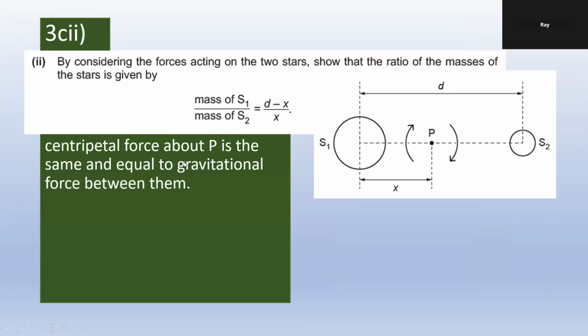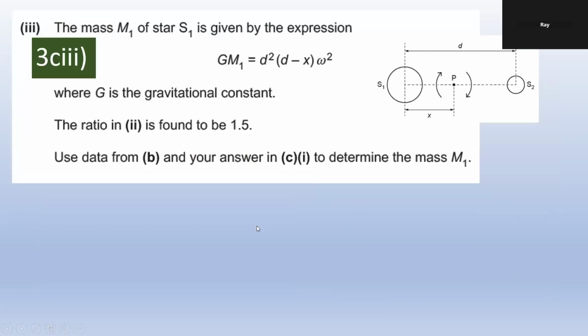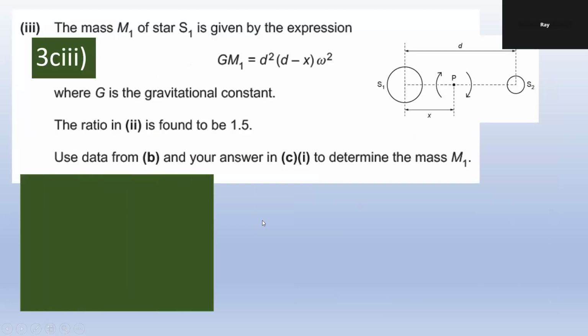Centripetal force at point P is the same and equal to the gravitational force between them, right? Gravitational force between both of them is equal to centripetal force. That is the point you lose. Other than that, you are okay with this one. Okay, I don't think we will bother about that anymore.